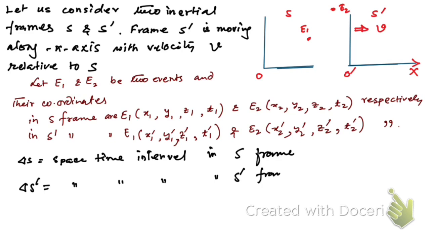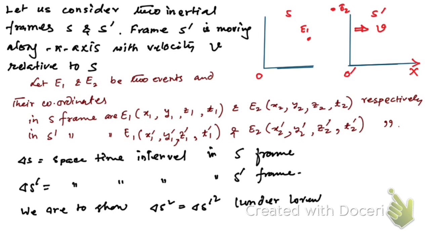We are going to show that del S square is equal to del S dash square under Lorentz transformation.